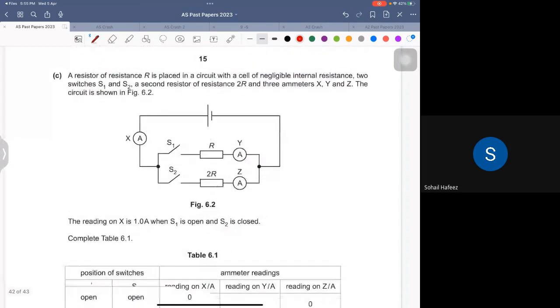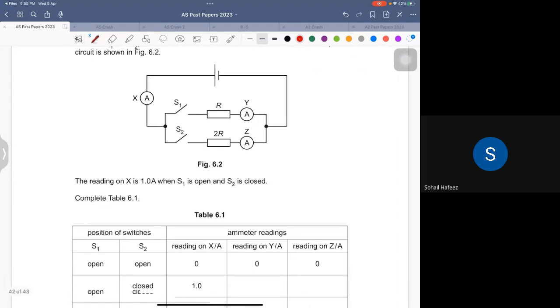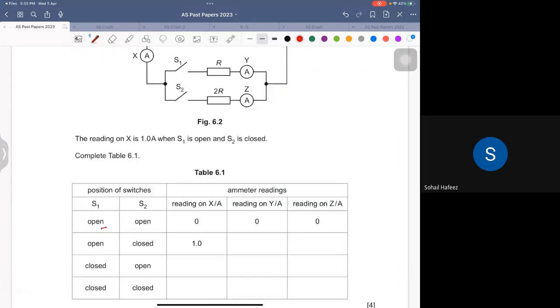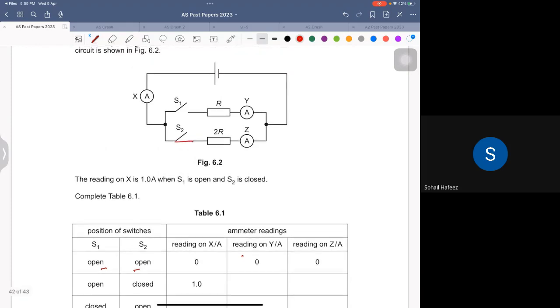And now this question. It says a resistor of resistance R in the circuit with a cell with internal resistance, and it says the switches open. If you keep both the switches open, then the current is 0, fine. And then if S1 is open and S2 is closed, then obviously this will be like a circuit with 2R resistance.